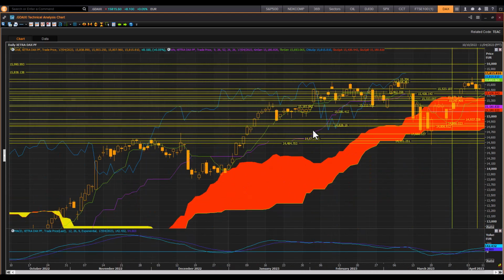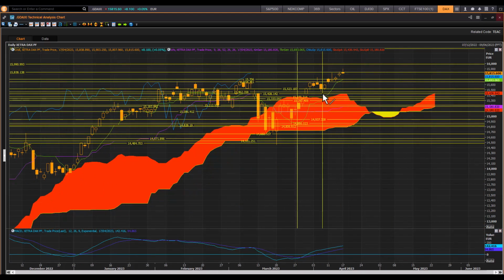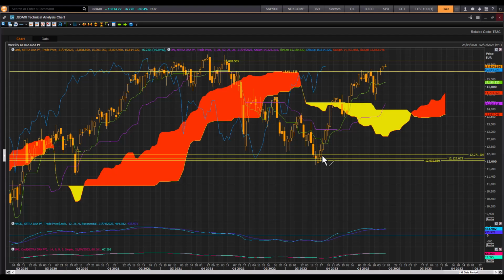So there's significant consolidation risk for the DAX back down to the top end of the cloud over the next couple of weeks. But let's turn to a cleaner chart. Looking at the weekly, this 15,611 was a key resistance zone.